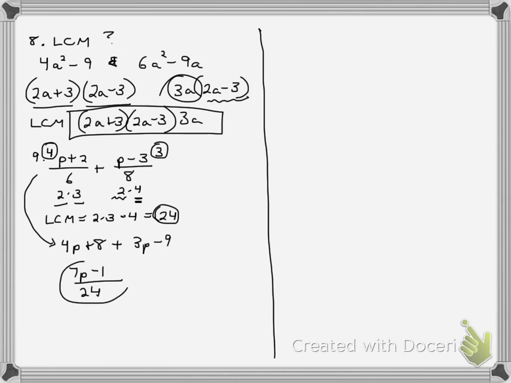Now, if you do not choose to work with the least common denominator, and one of you did that, you said that your multiplier here was going to be, rather than 4, it was going to be 8, and it was going to be 6 here, and that's fine. You'll get 8 times 6 is 48 in the denominator, but the problem is, if it can reduce, you must reduce it.